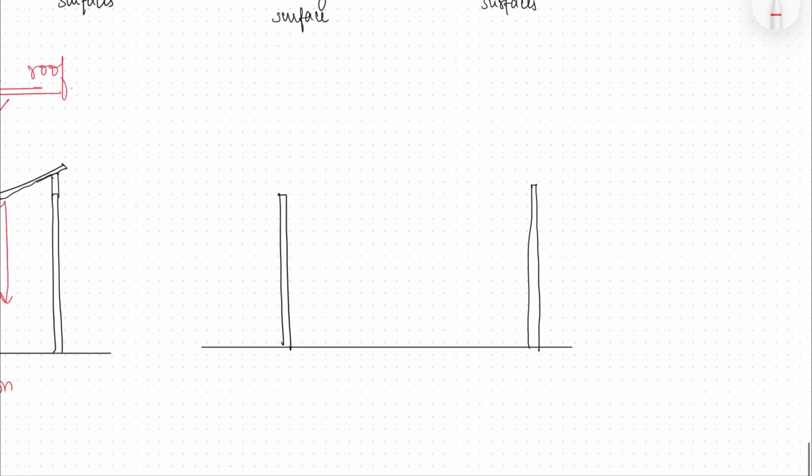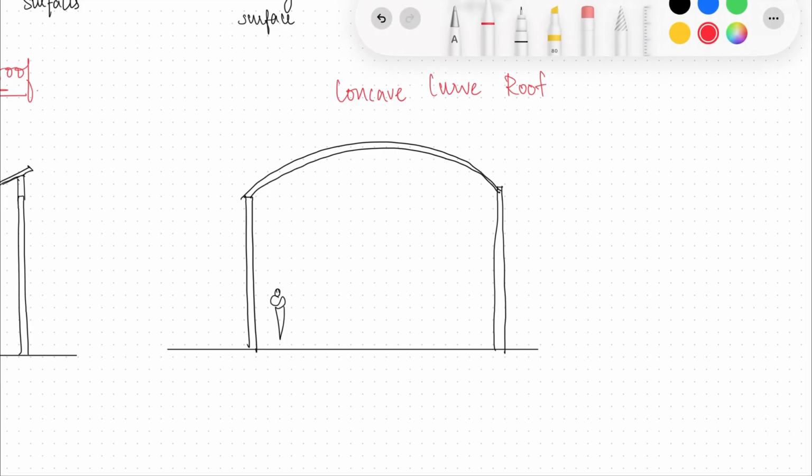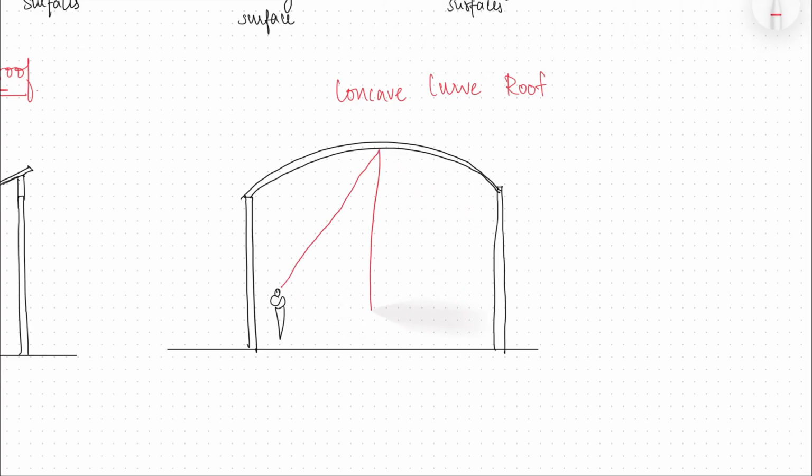But let's also consider a concave curve. Imagine you're standing here and you're speaking. Whatever you speak is concentrated towards one spot because it's a concave curve.